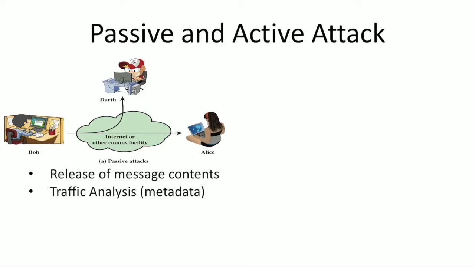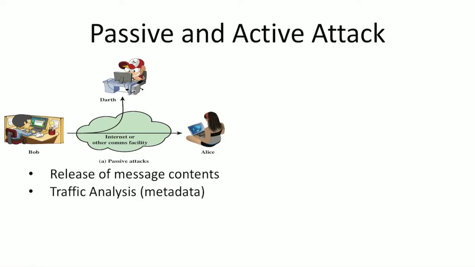Passive attacks, as shown in this figure, are attacks where the goal of the attacker is to obtain information that is being transmitted. Two types of passive attacks are the release of message contents and traffic analysis. The release of message contents could be through eavesdropping on a telephonic conversation, email message, unencrypted file contents.